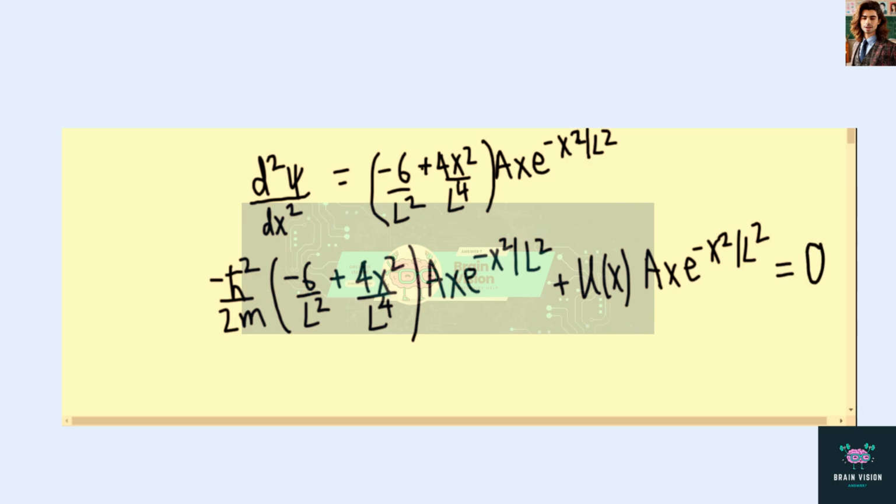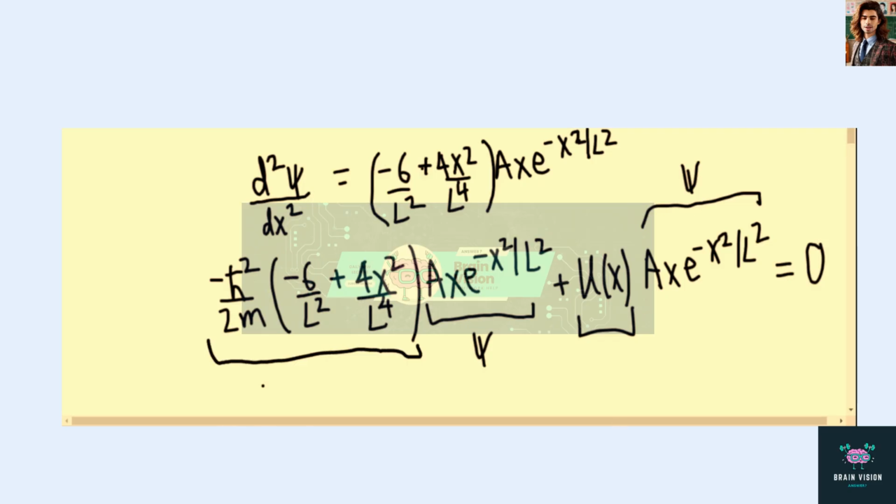So looking at this, we see that the potential is right here. The wave function is here, and the wave function is also right here. So we can identify this as the negative of the potential function.